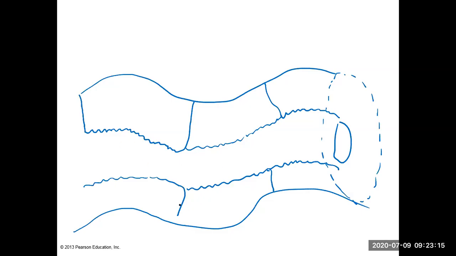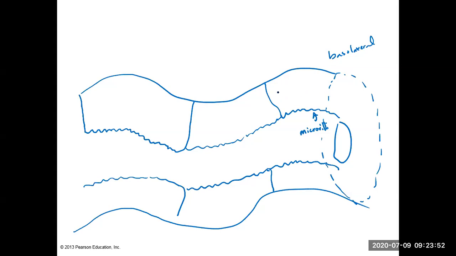So first of all, we need some kind of reference point. These are microvilli, we know that. These are important for absorption because they increase the surface area. Sometimes this part is called the apical end, and this part right over here is sometimes known as the basolateral end.